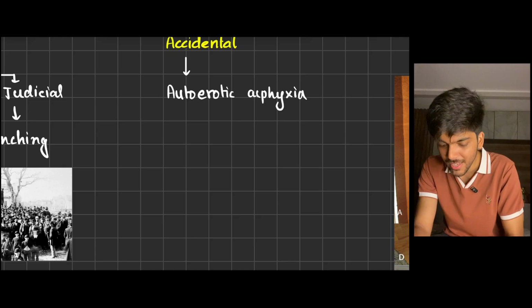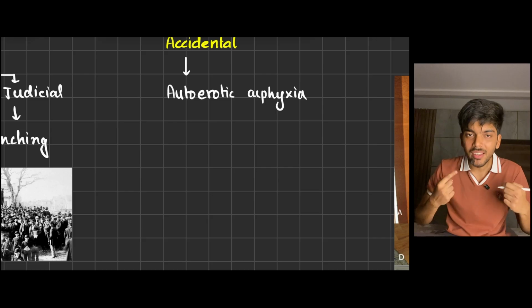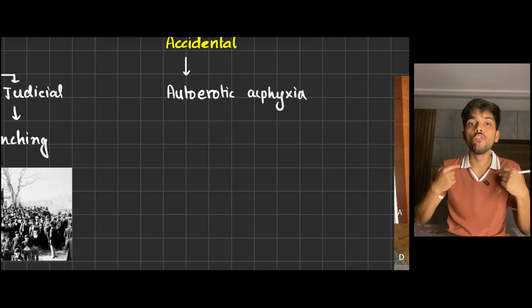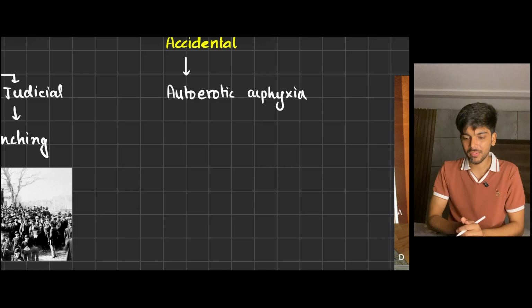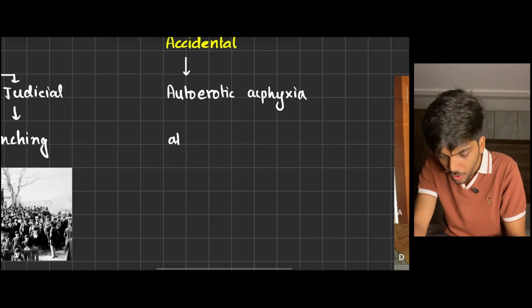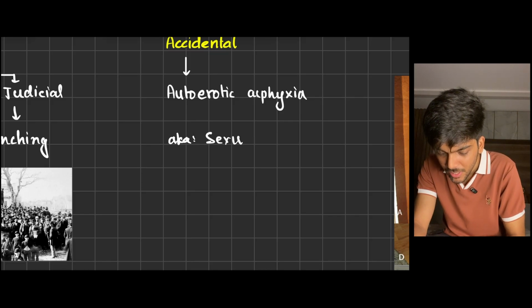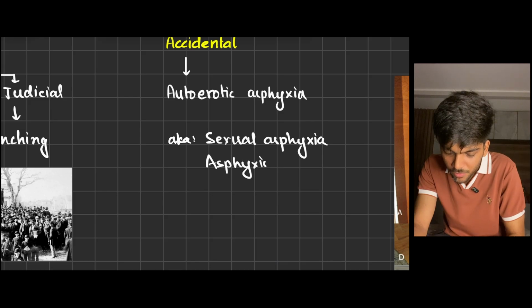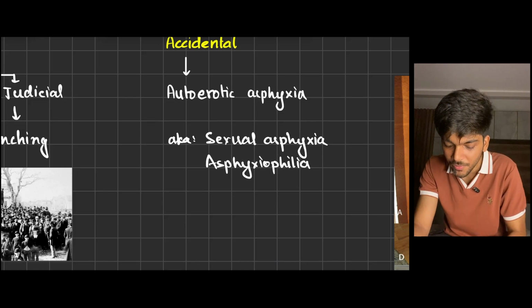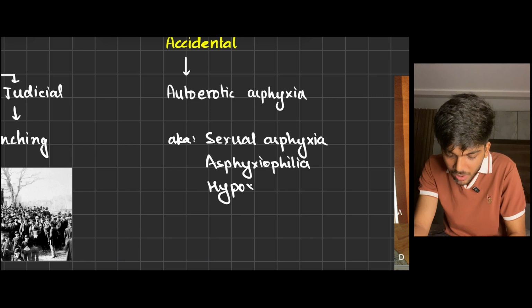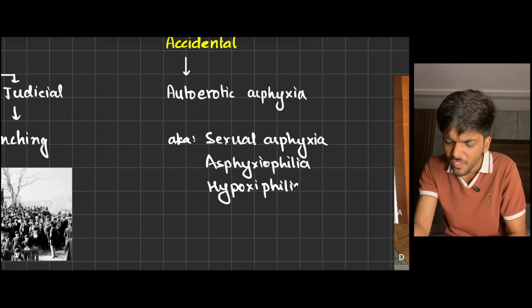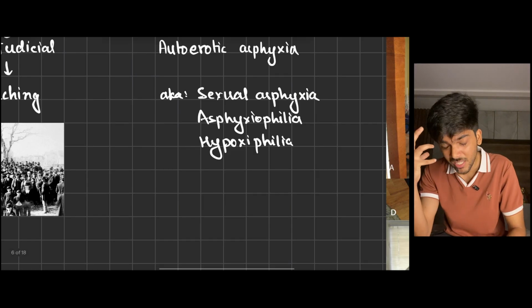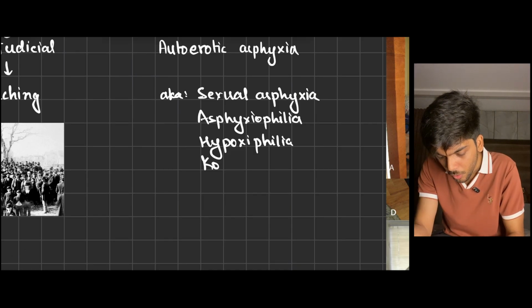Yes, as the name says, here the person is asphyxiating himself for sexual gratification. This is also referred to as sexual asphyxia, or asphyxiophilia, loves asphyxiation, or hypoxiphilia, loves that condition of hypoxia or cerebral anemia or cerebral ischemia, or corpswarism.